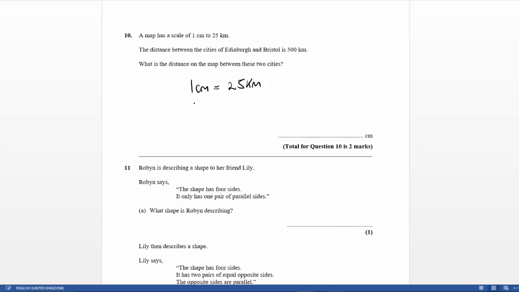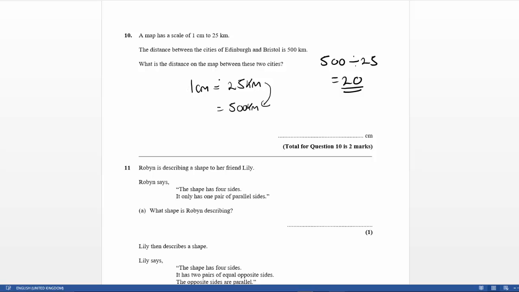Okay, in real life. I'm going to draw an arrow to here and write 500 kilometers. Right. Now, if I do 500 divided by 25, okay, on your calculators, guys, do 500 divided by 25. It's going to give you 20. Okay, that's what our multiplier is, right?